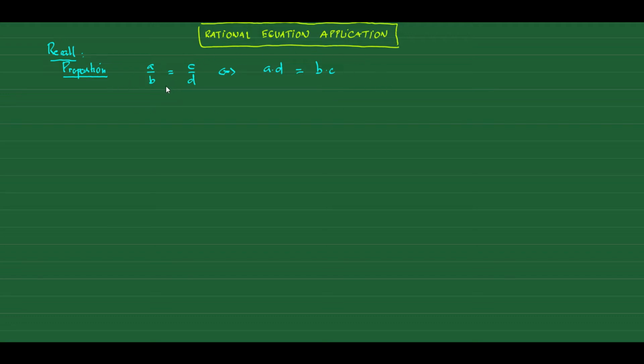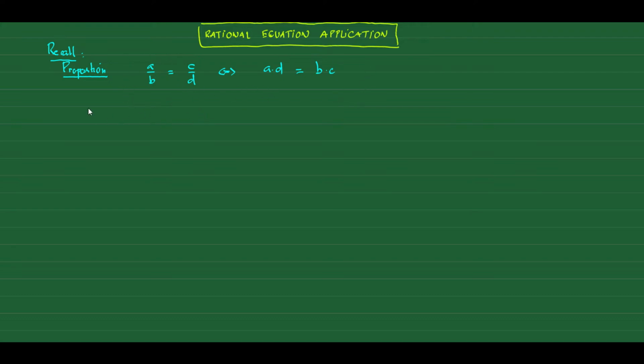I know some high school teachers used to teach you cross multiply, but they use it in the wrong context. What I mean is that when you find the LCD, least common denominator, and they call the LCD cross multiply, it's not cross multiply. This is cross multiply. This is called the cross multiply property right here.